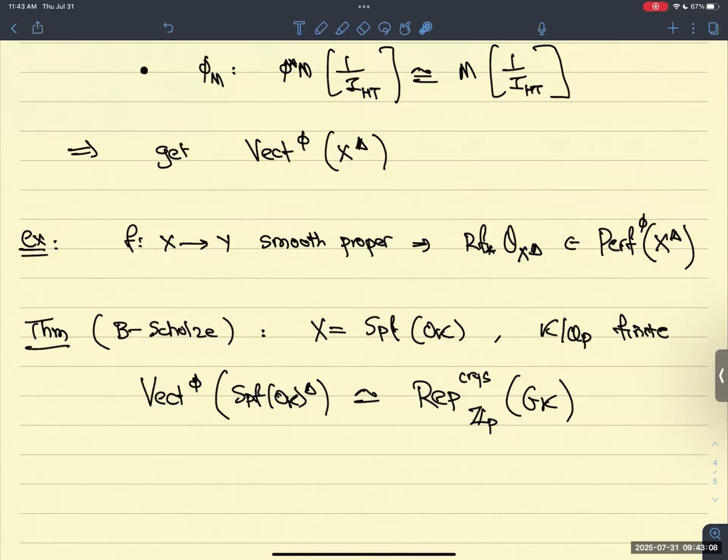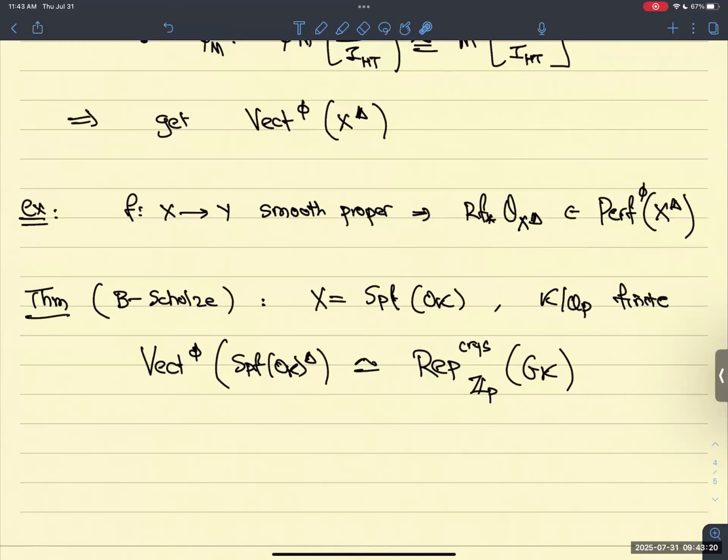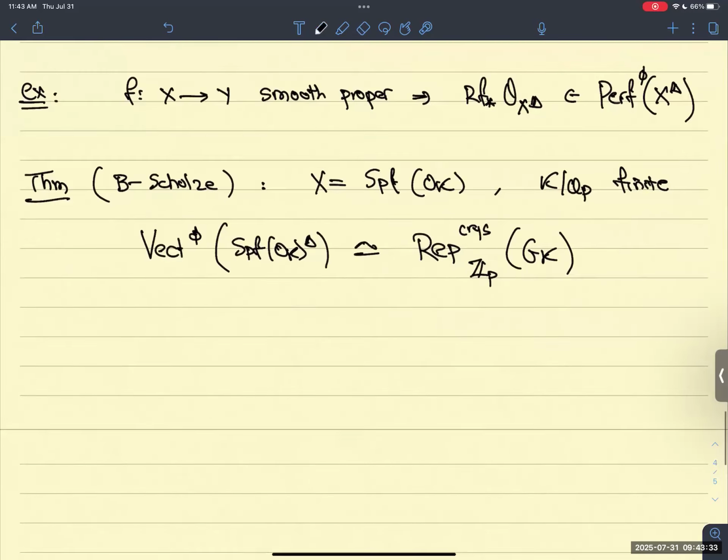And so you would expect that we would have an object on this side, and the theorem essentially says that those objects match up, and more, but that's the easiest thing to say. And so we get a new perspective on what these crystalline Galois representations are. If you haven't seen them, then I'm not sure I can give you definitions right now, but just take this as a definition. Although maybe that's okay. Well, anyways.